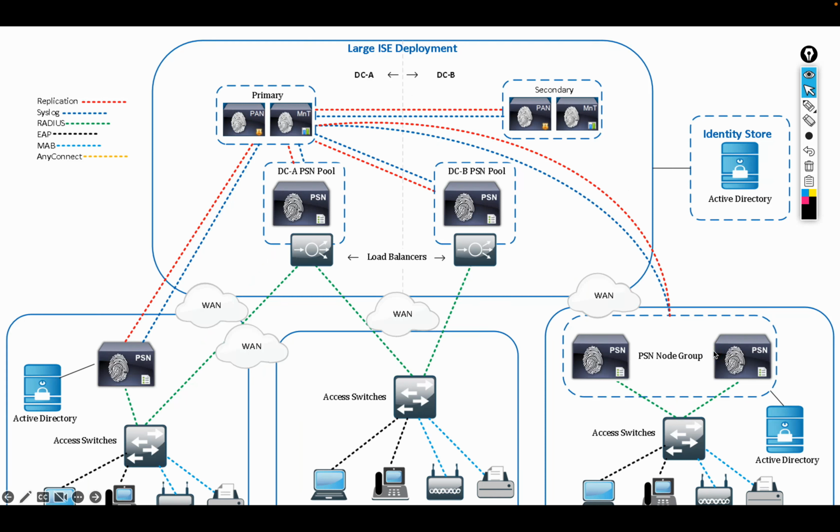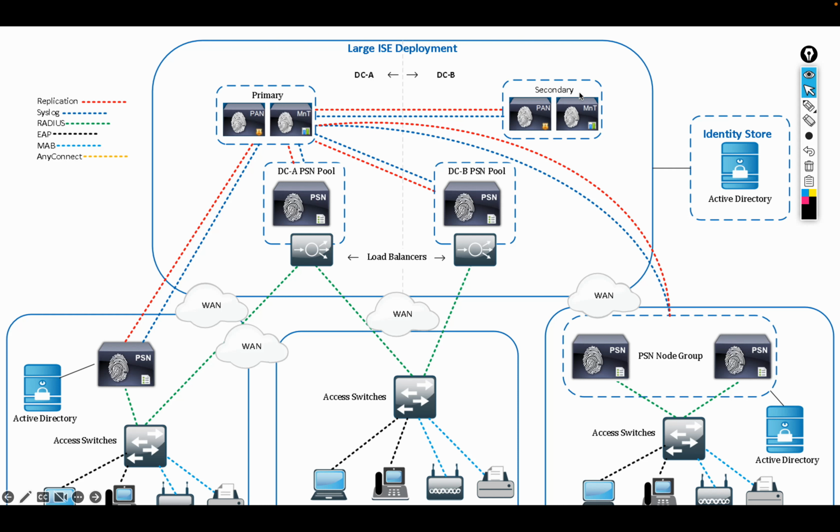And we have a large deployment where, basically, there are two differences here. First, I have one node dedicated only for PAN, one node dedicated only for monitor, and then we have primary and secondary.